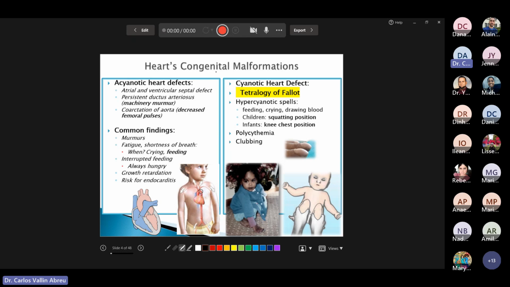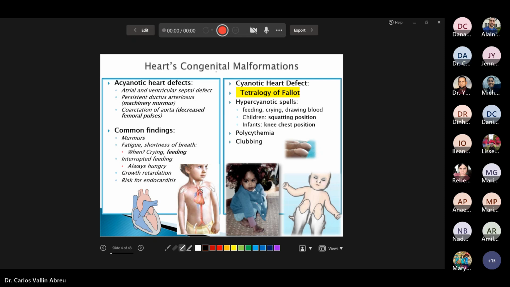This is the presentation. This is the way that they present the case study, the clinical situation, and how you need to suspect that this baby could be having heart failure because of this manifestation. This is the most commonly tested aspect of congenital malformation.